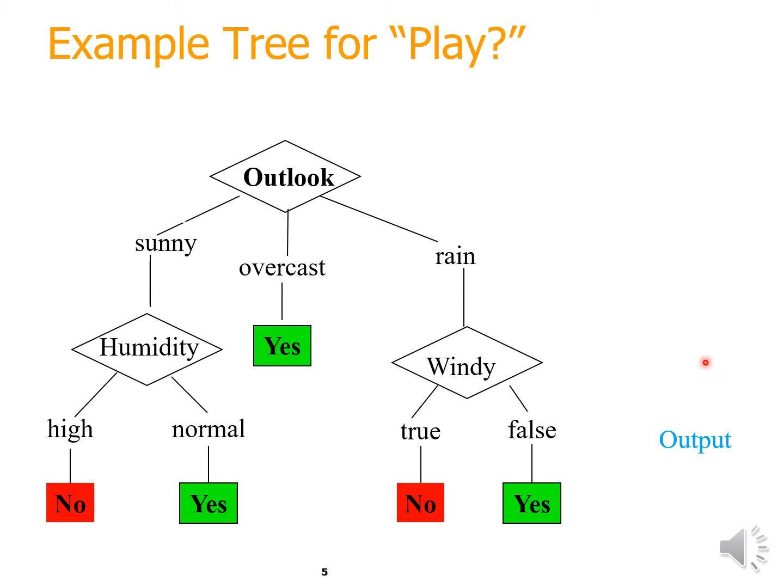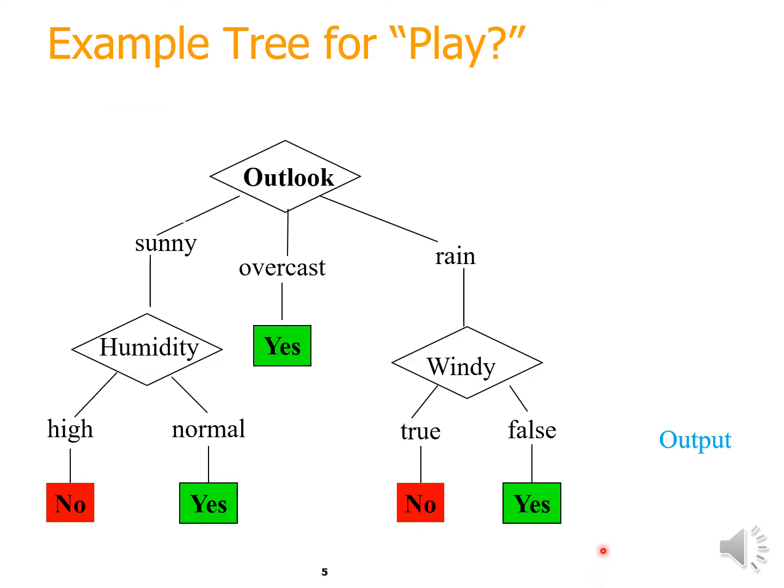Output of a decision tree algorithm. If you run the decision tree algorithm using the example data in the previous slide, then the algorithm is going to generate something like this. So this is a decision tree. The data in the previous slide is the input, and this picture is the output of the decision tree algorithm.